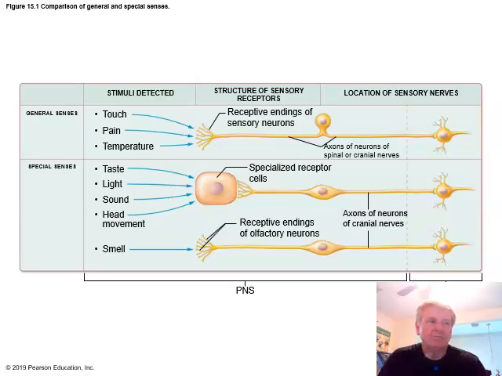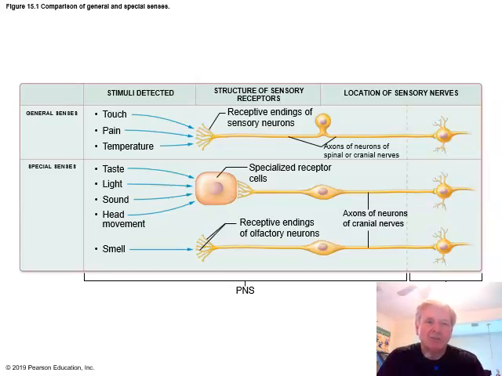So your special senses detect very specific stimuli, while your general sensory receptors involve the detection of stimuli like pain, touch, and temperature. Many of your special senses rely on receptors that are not neurons, while your general senses receptors are the receptive ends of sensory neurons.